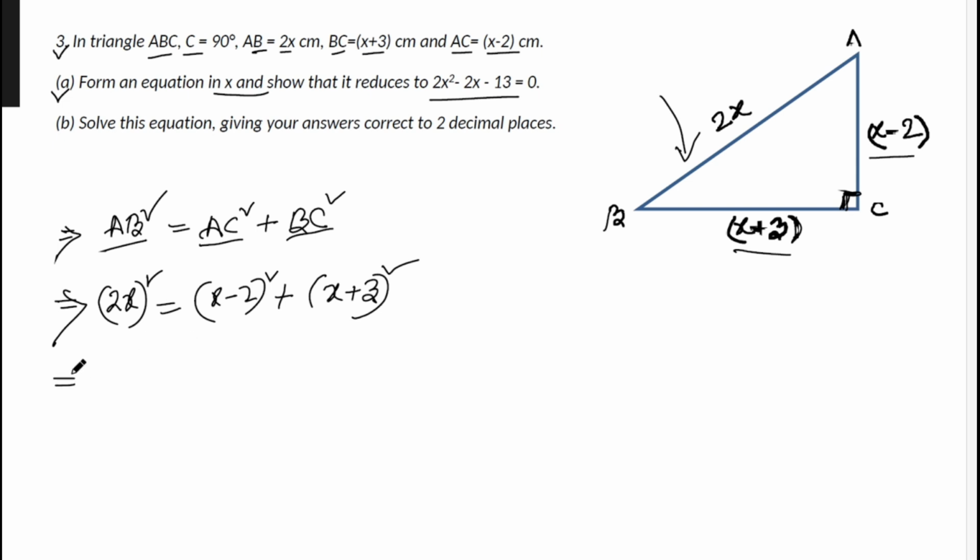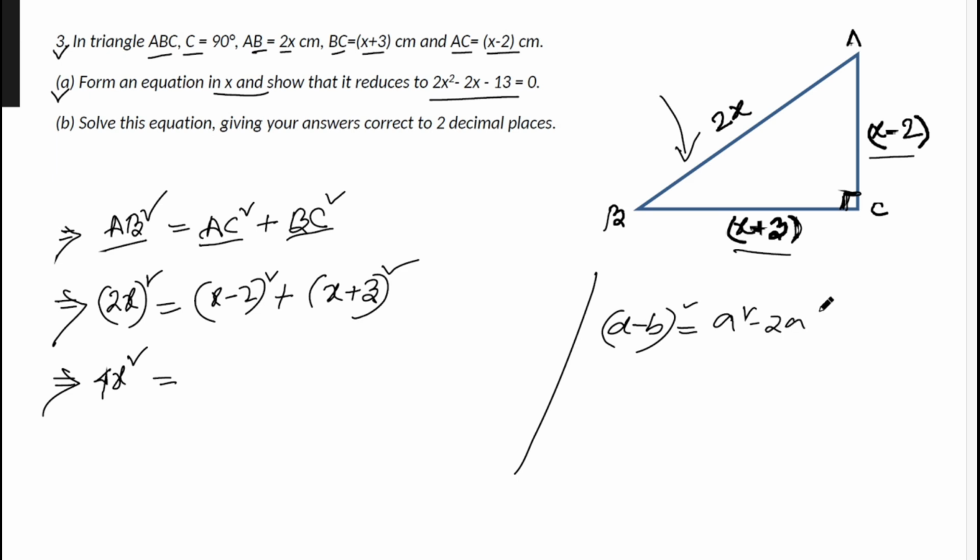So if we go further calculation, we will get 2x whole square, it will be 4x square, and here we have x minus 2 whole square. So as we know the formula of a minus b whole square, it will be a square minus 2ab plus b square.